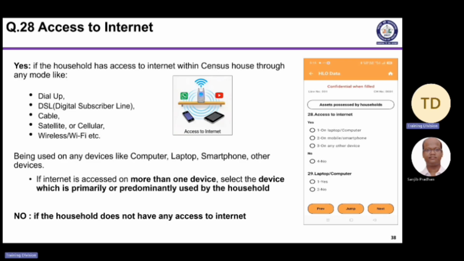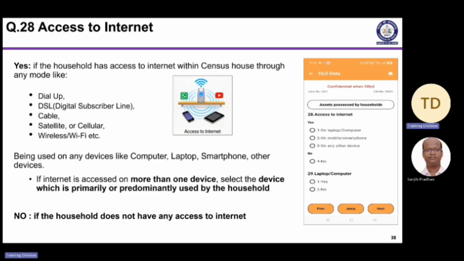But it was again debated, it was again discussed, and it was decided that if internet is accessed on more than one device, or if all the members of the household are accessing internet on different devices, then the primarily or predominantly used device should be recorded.